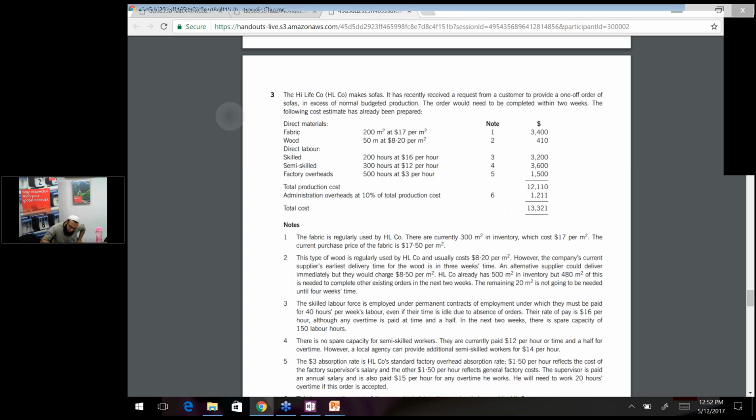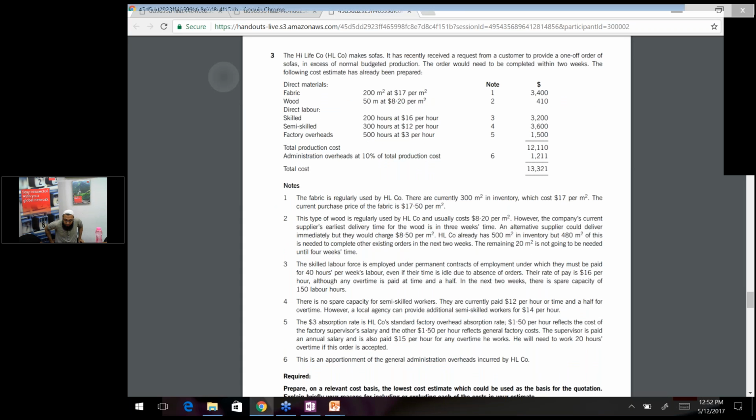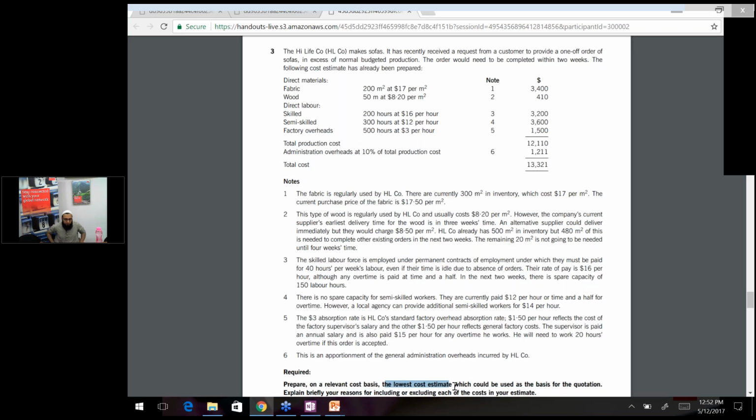So this is what you have to do. You have to find out the lowest cost. I told you that one-off tells you the lowest cost, because in one-off relevant cost you are not earning any profits, neither are you making any loss. This is known as break-even price. You are covering each and every cost because you are including everything through opportunity cost.